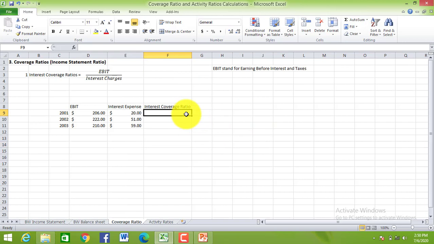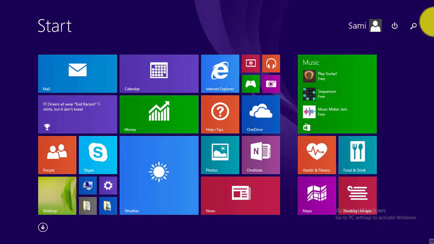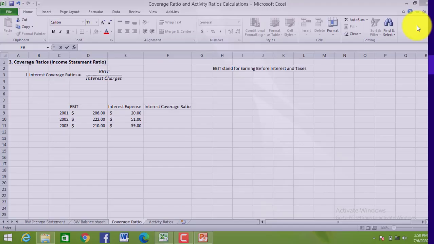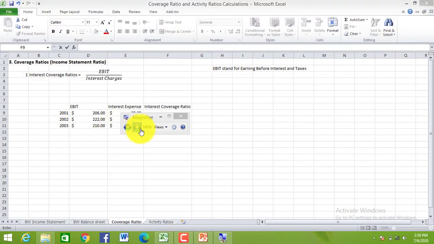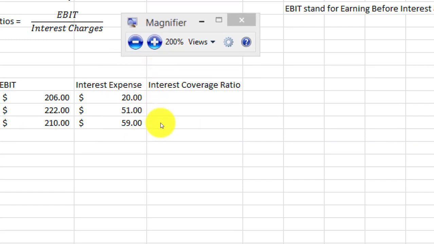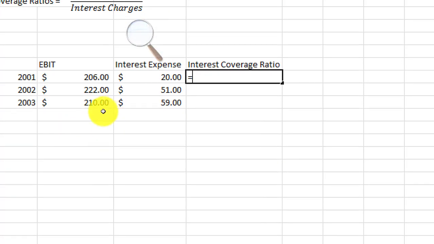So here we can calculate, just like this: is equal to, then click on D9 divided by E9.